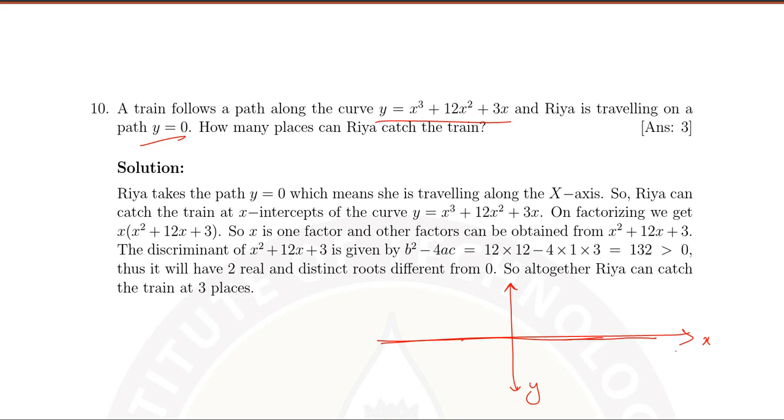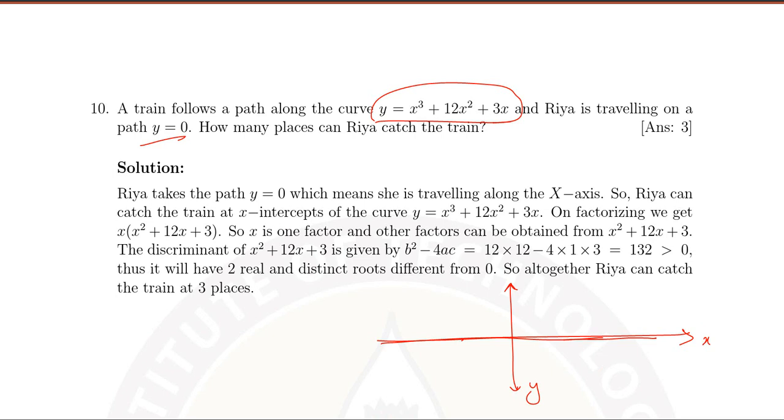And so she can only catch the train when this curve x cube plus 12x square plus 3x touches the x-axis. That is very obvious because Ria is traveling on a horizontal line which coincides with the x-axis.